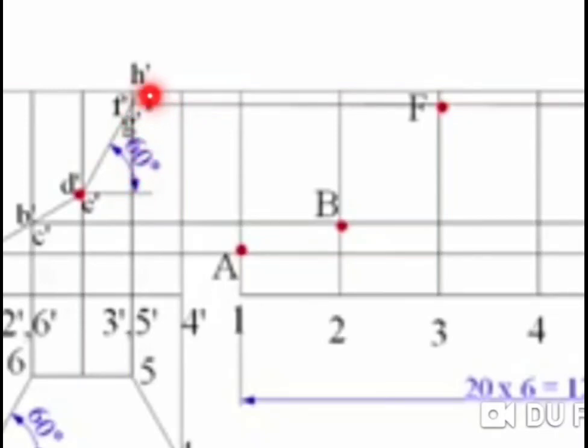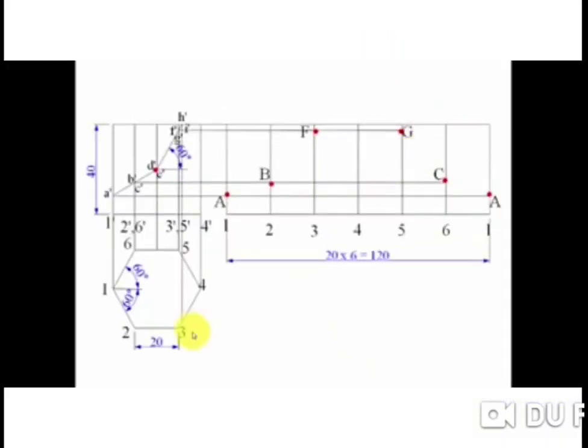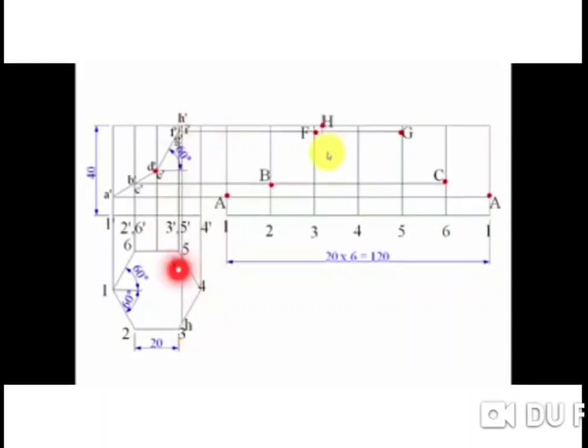So this point is named H and I. That H and I is projected in the top view, and it lies on the top face between 3 to 4 and 4 to 5. This is point I, this is point H.